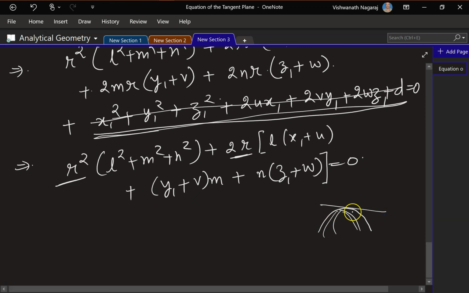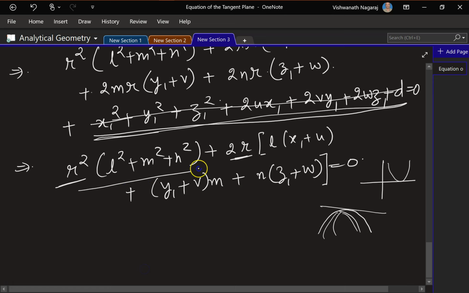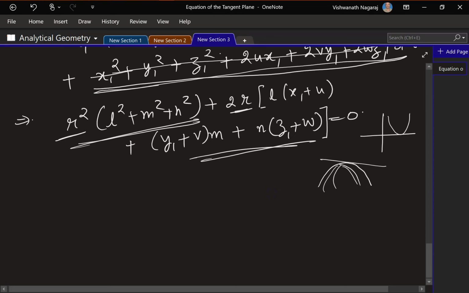If you look at this part of the sphere, this is like our parabola, remember, which is touching the x-axis. You might have noticed that when a parabola touches the x-axis at only one point, then the roots are 0. Usually in a quadratic you will have two roots. Now in this case both the roots will be 0. So that means this will be 0 and this entire thing will also be 0.